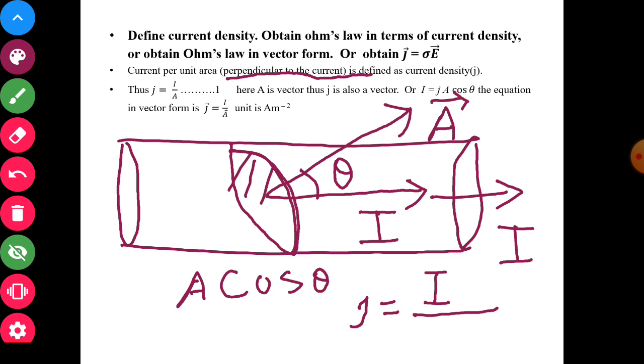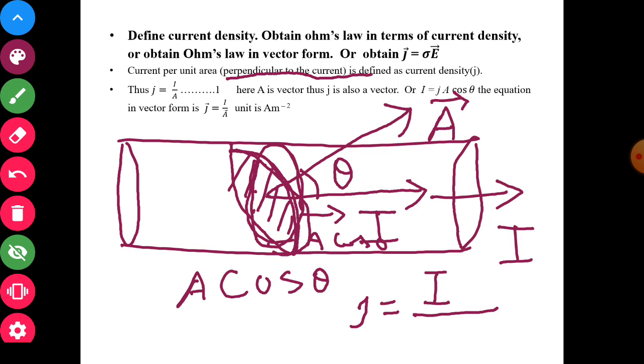This plane is not perpendicular to the current. If you take the component A cos theta, then that A cos theta component of the area will be perpendicular to the direction of electric current. So A is in this direction, but A cos theta will be this way.